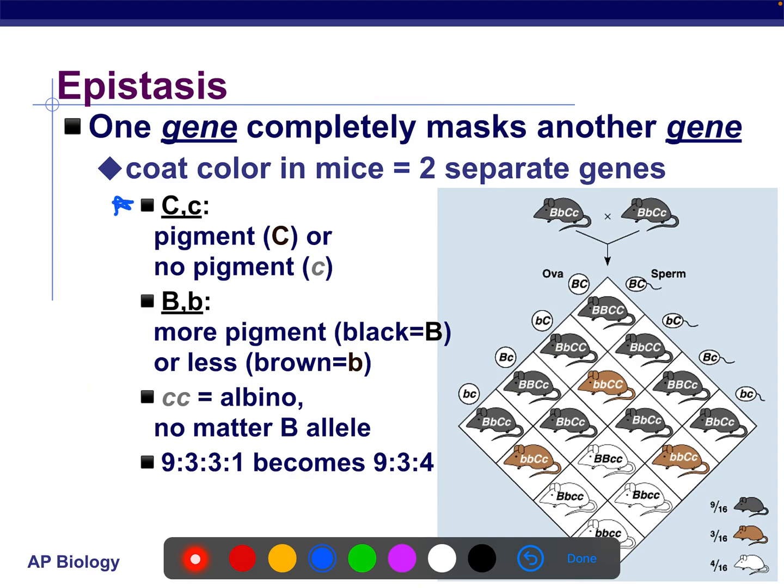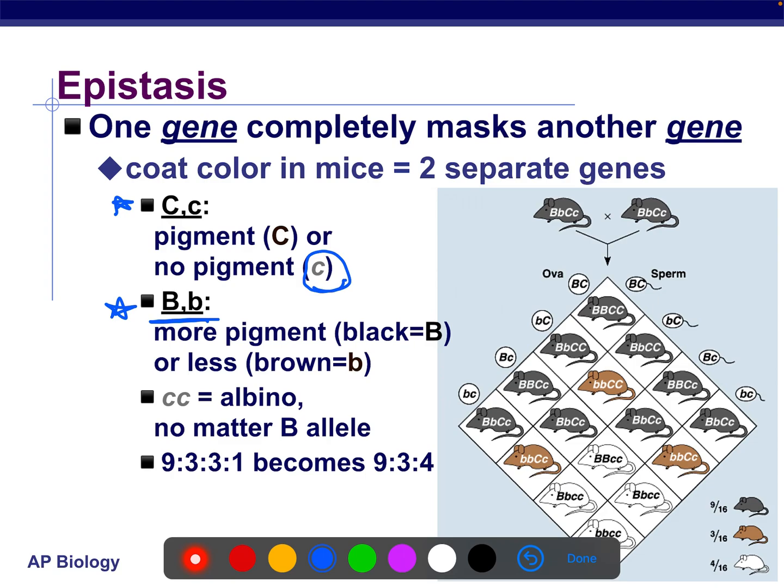We're just going to call them C and B. The gene C is coding for either pigment or no pigment. If an individual is homozygous recessive for little c, it does not matter what the B gene says. It is going to express no color or no pigment.